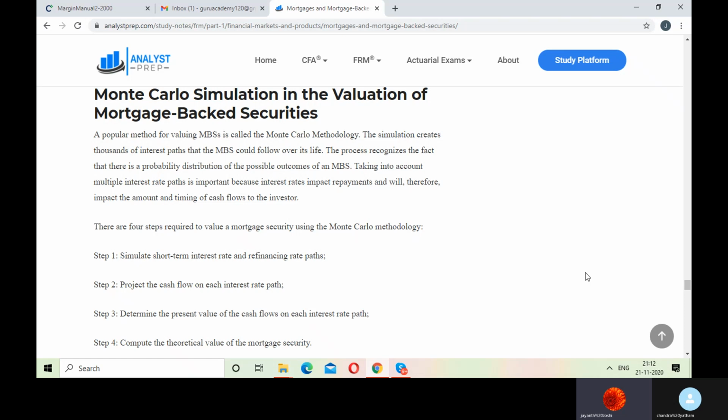That means the bank has converted a lot of mortgages into mortgage backed security, and it has issued it to people. Now the people can get any possible outcome: higher interest, lower interest, anything. Taking into account multiple interest rate paths is important because interest rates impact repayments.